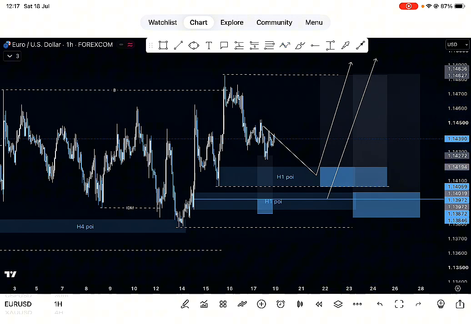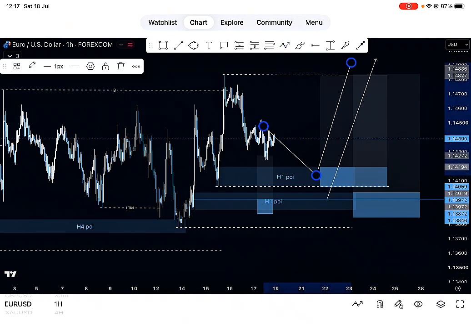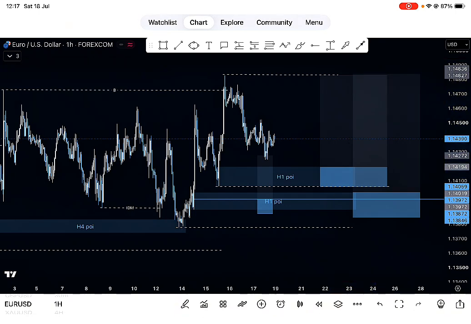But I always look out for liquidity. Whenever I get a break of structure, I always look out for liquidity and imbalances, inefficiencies left behind.